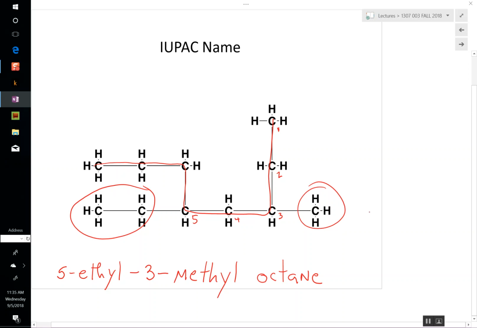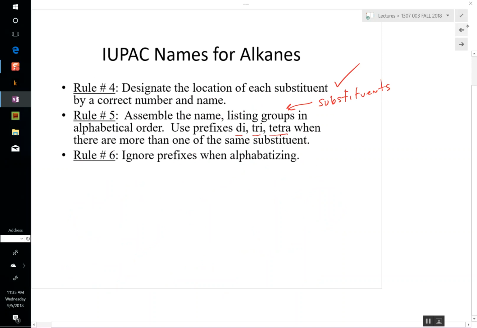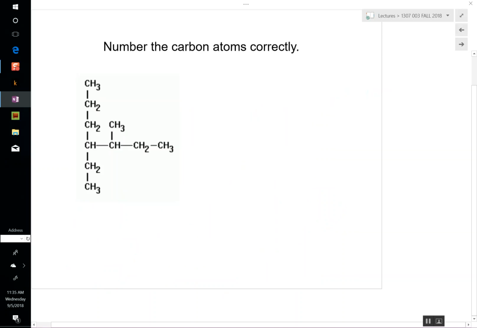Question? Not on this one, but on the other ones that you said that we could try. Okay, so it would start from the end of that last CH3 towards the right, and so it would be 3-methyl, and then 4-ethyl, right? 1, 2, 3, 4, 5, 6, 7.